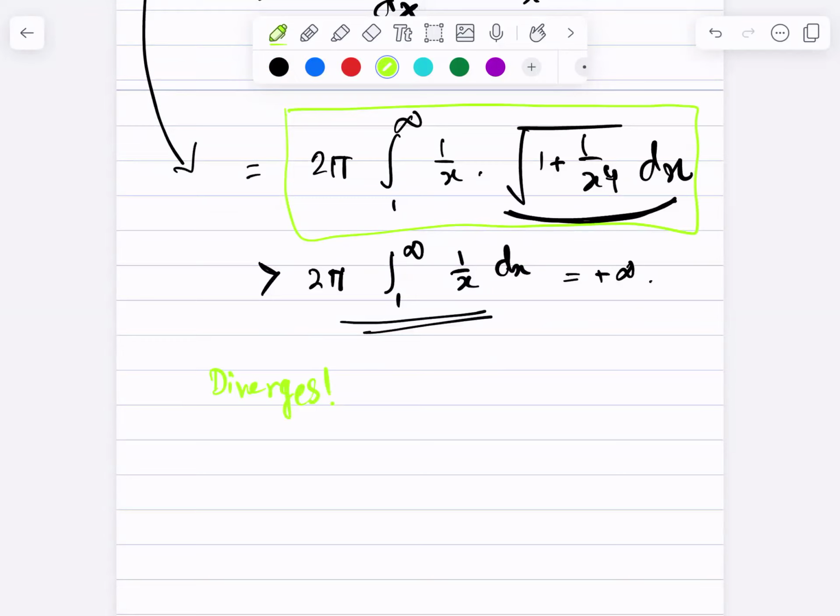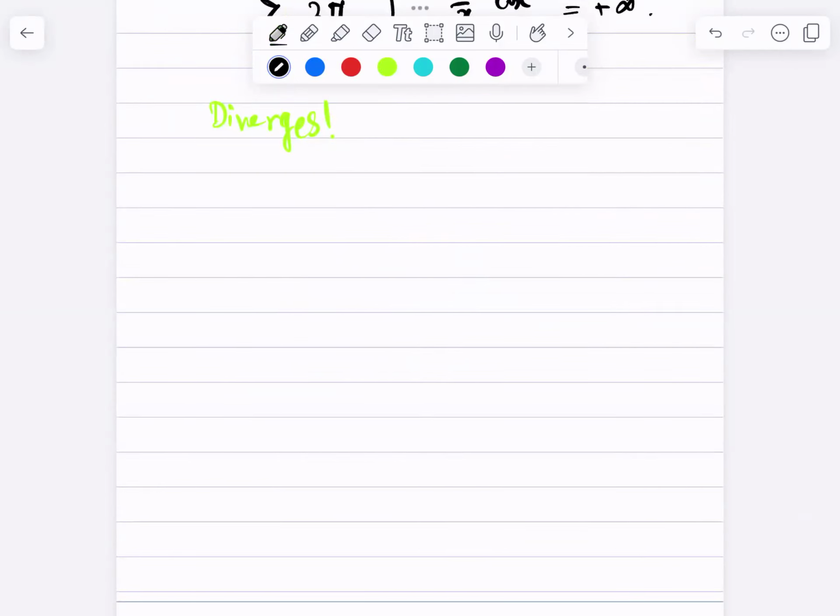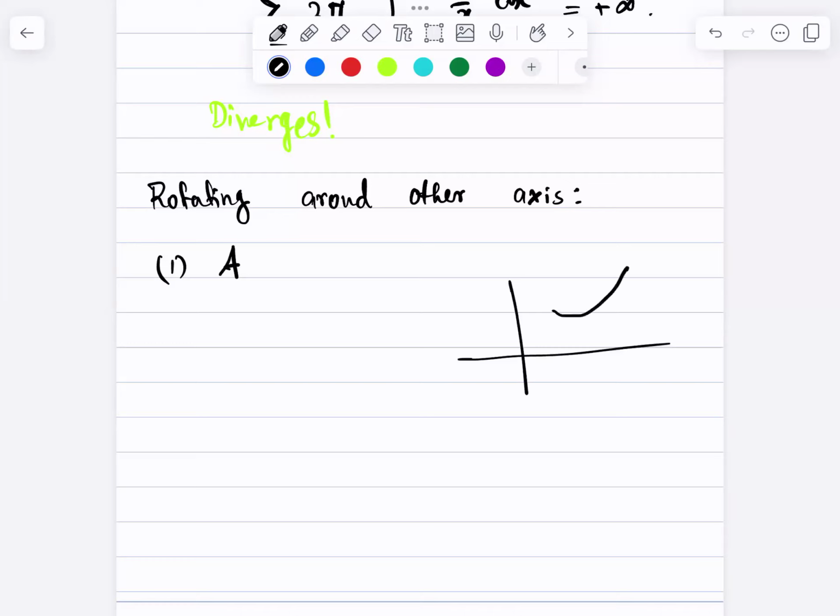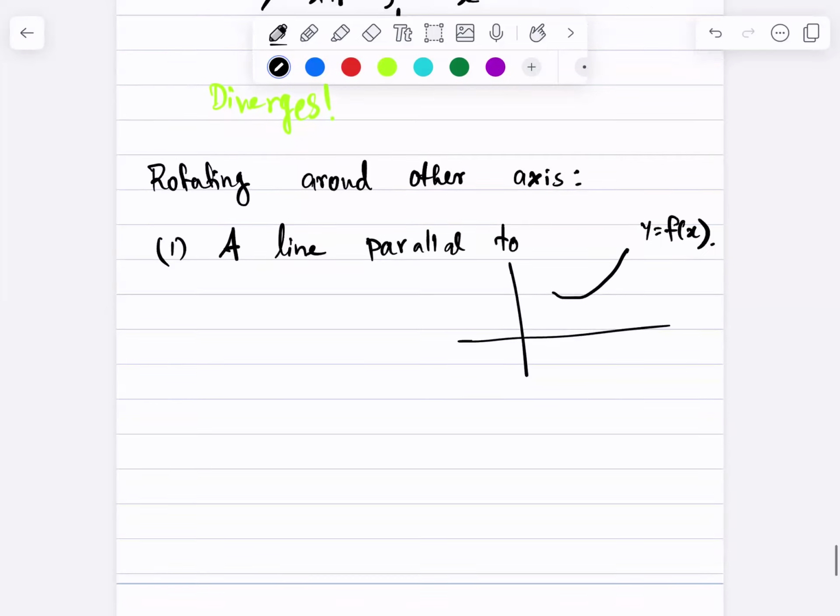Cool. One more concept that I want to introduce, but I will not solve a problem on that, which is rotating around other axes. What if we rotate a curve like this, y equal to f(x), around a line parallel to the x-axis?